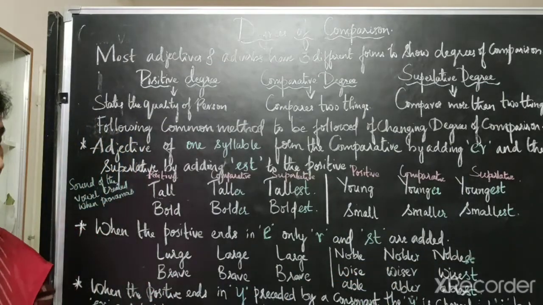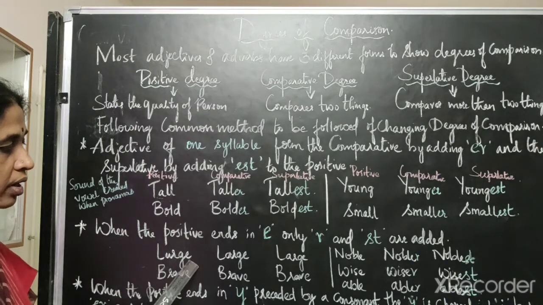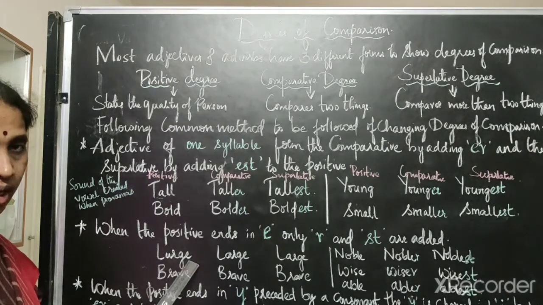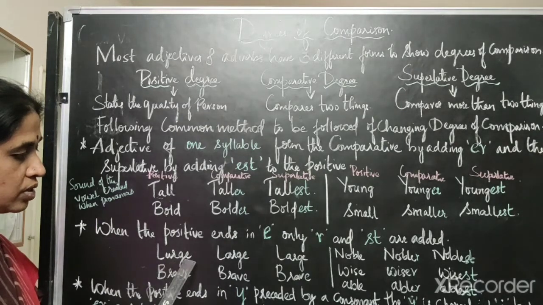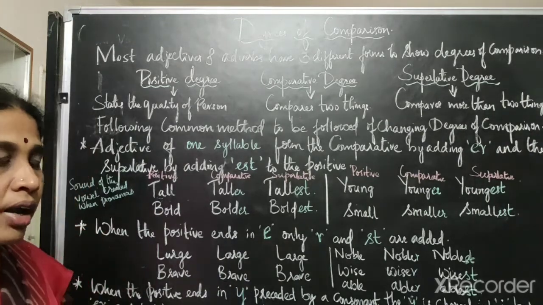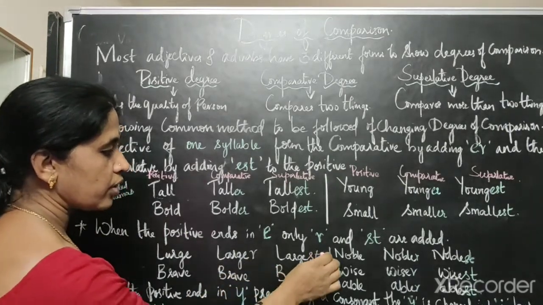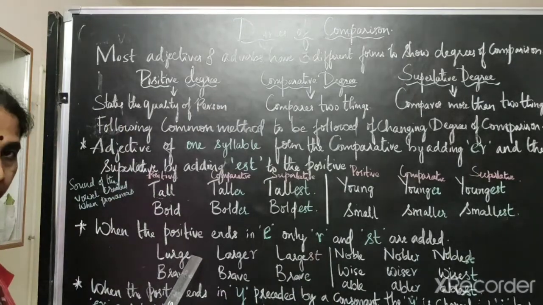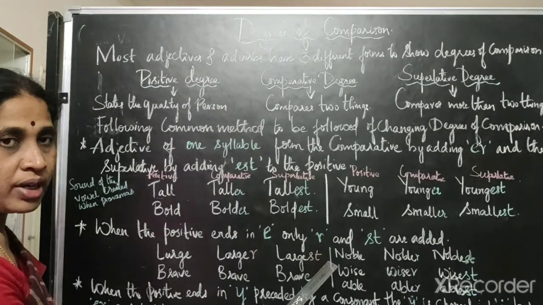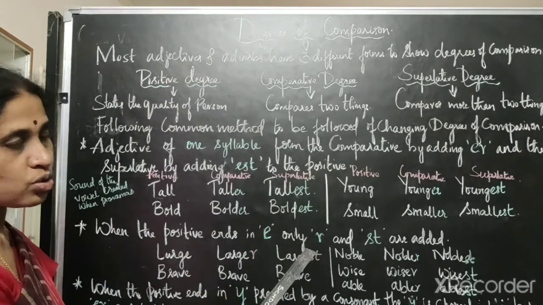Similarly, the next rule says that when the positive word ends in e, only r and st are added. See, the word ends with e. So r is added for the comparative and st is added for the superlative.